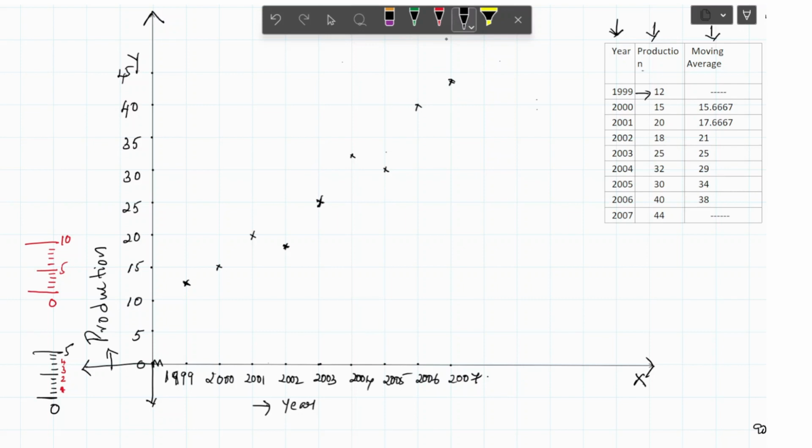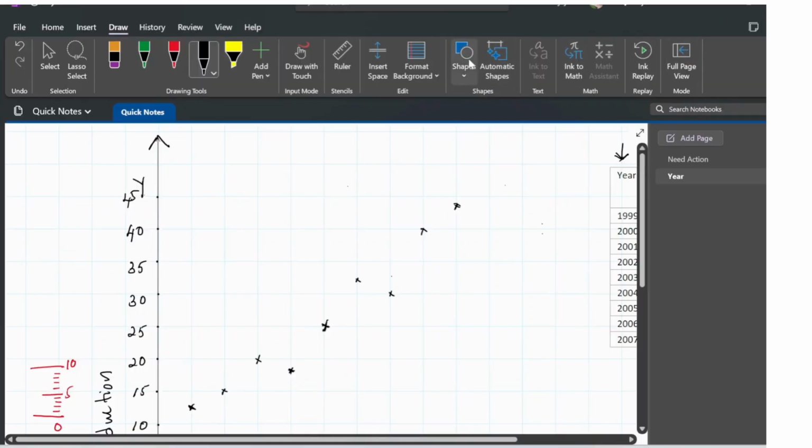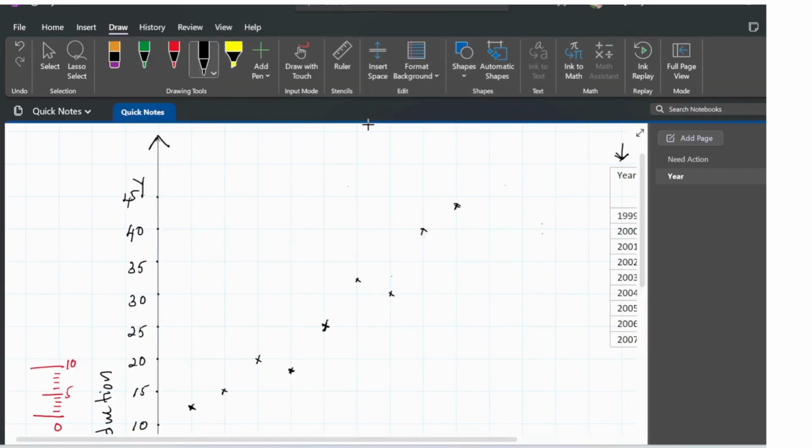Now, what we are going to do is, you need to join these dots with the scale, not with your hand. You want to use the scale and make it. Therefore, I'll just show you that it is quite difficult, but still I'll attempt it this way.